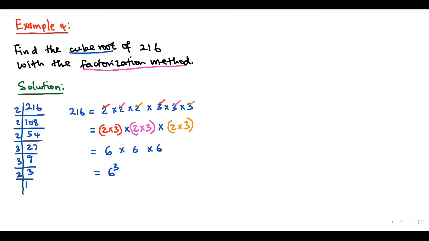So if we say, find the cube root of 216, it means look for the number that you can multiply by itself 3 times to get 216. And you can see that that number is 6. If I get 6 times 6 times 6, 3 times, I will get 216.